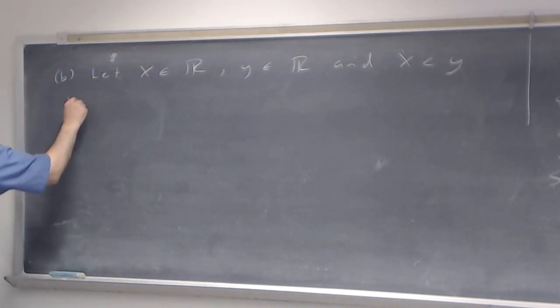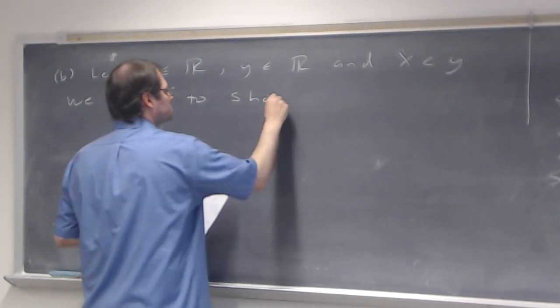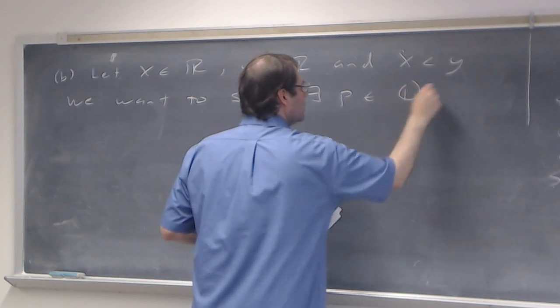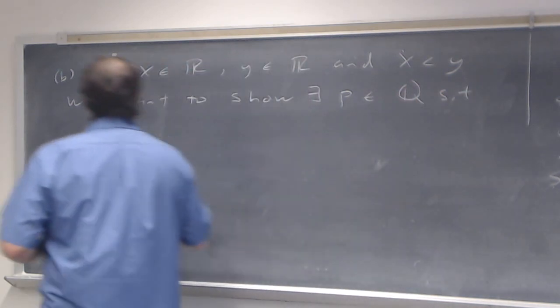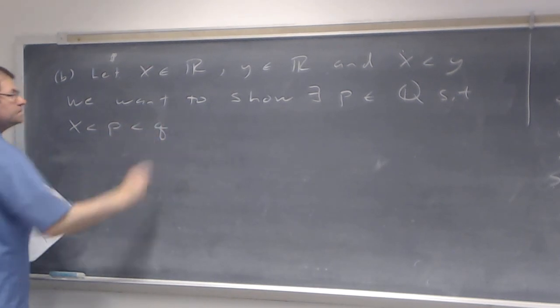We want to show there exists a p element of Q such that x is less than p is less than y.